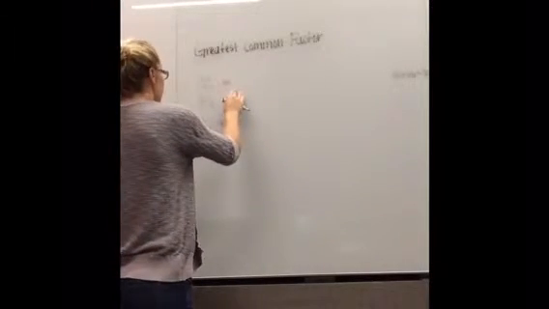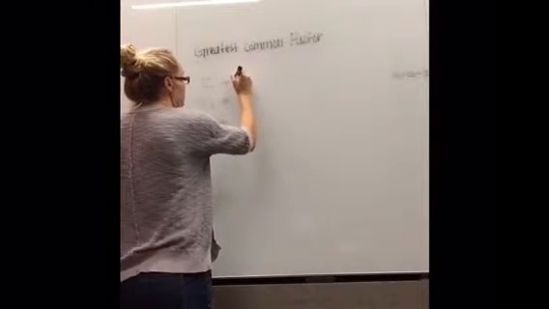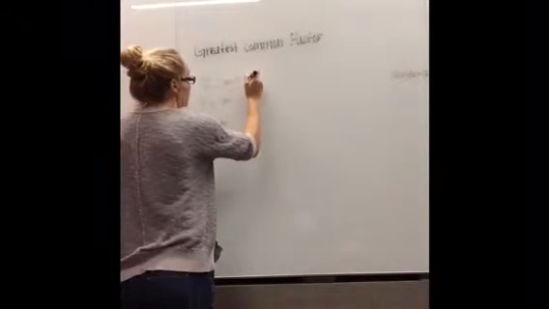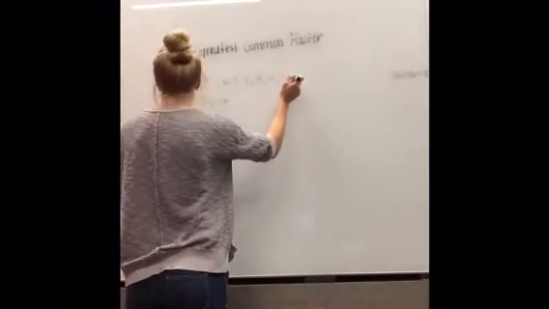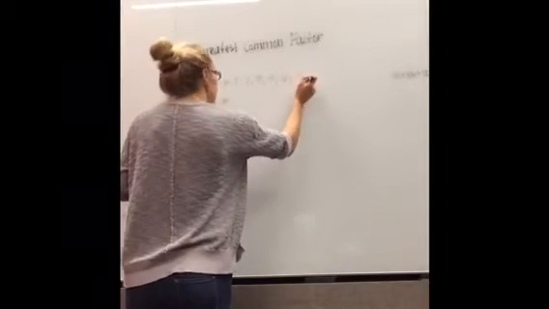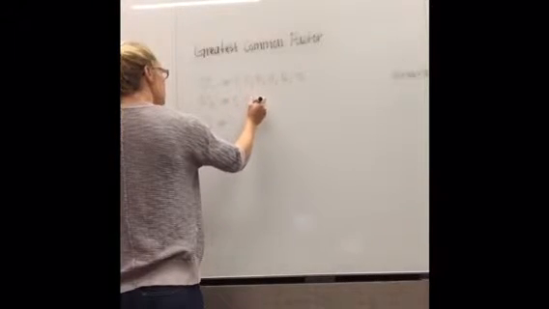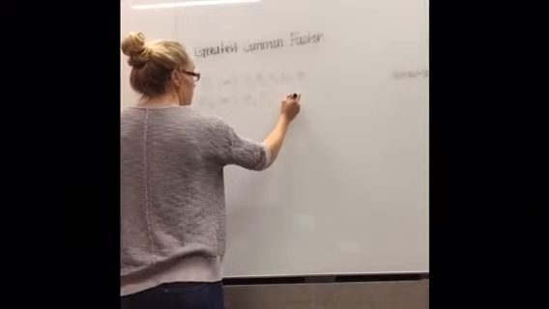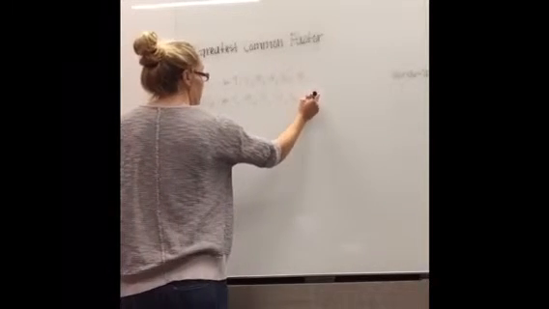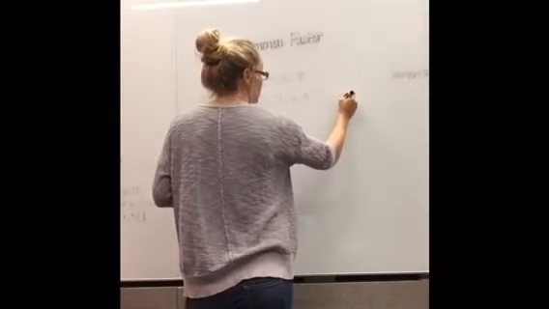So 12 can be factored into, we did this earlier, 1, 2, 3, 4, 6, and 12. 36 factors into 1, 2, 3, 4, 6, 9, 12, 18, and 36.